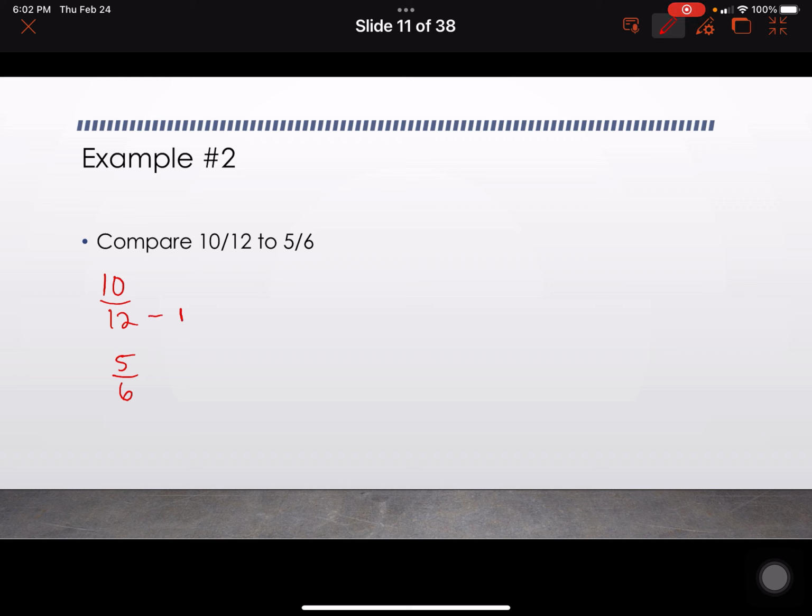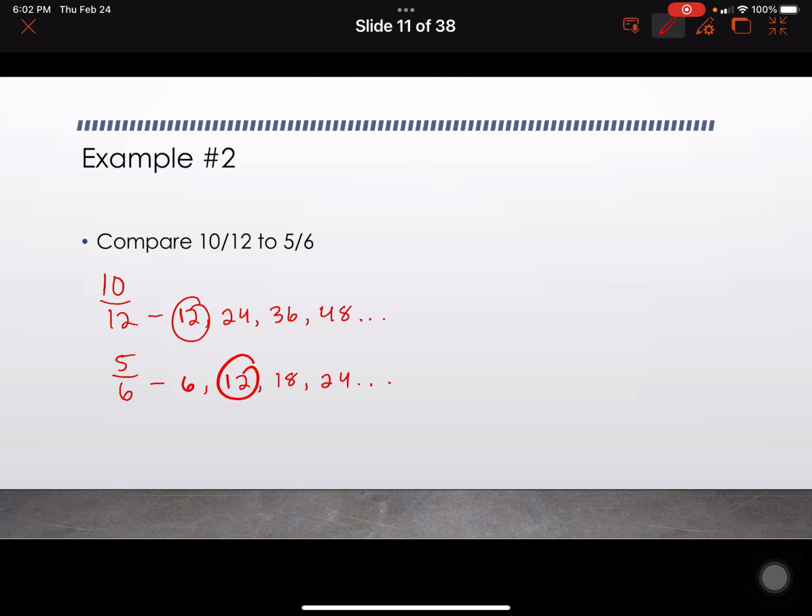Multiples of 12 are 12, 24, 36, 48, and so on. Multiples of 6 are 6, 12, 18, 24, and so on. So we can see that 12 is going to be our lowest common multiple.